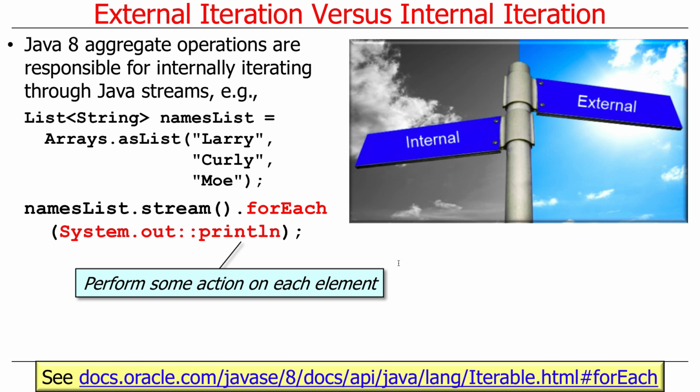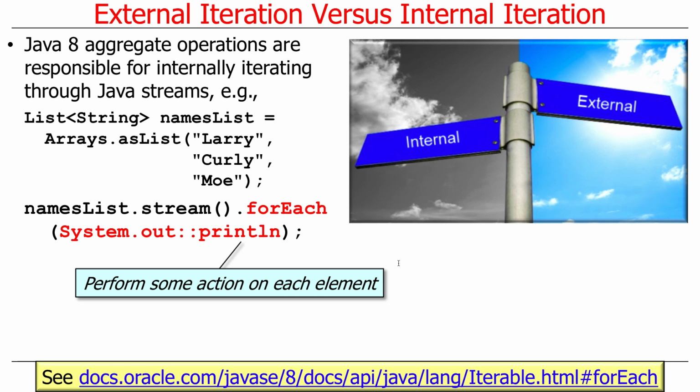And then for each element in the stream, we're going to apply some action. And at first glance, this looks an awful lot like what we did before, right? So it looks a bit like a for each loop, except now we have a for each method instead of a for each loop. The difference will become more apparent when we look at more interesting examples. So this is just illustrating the concept of internal iteration, and I'll talk more about it in detail.